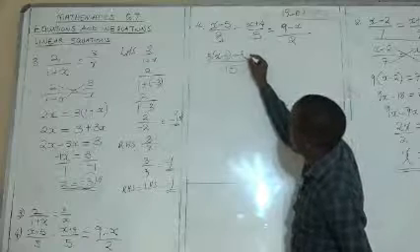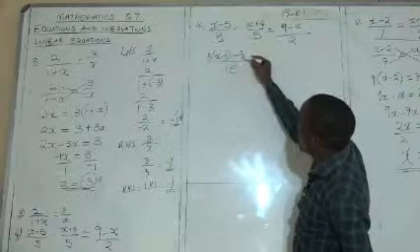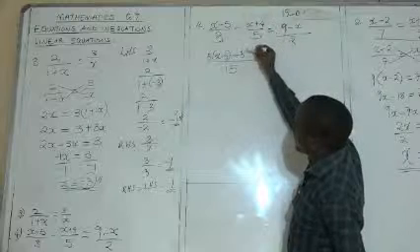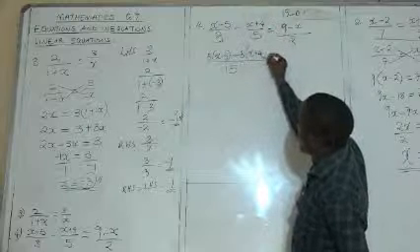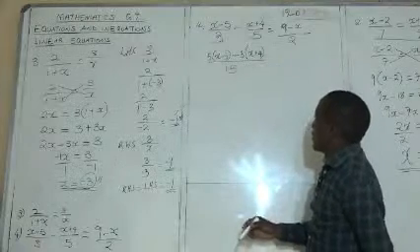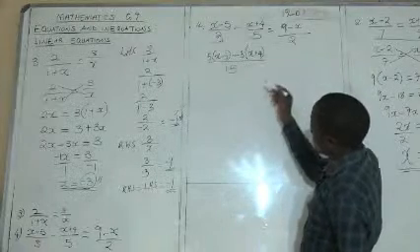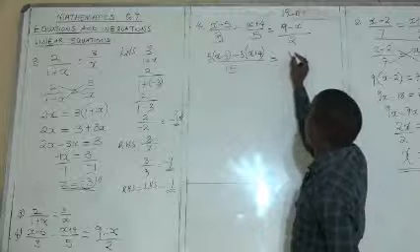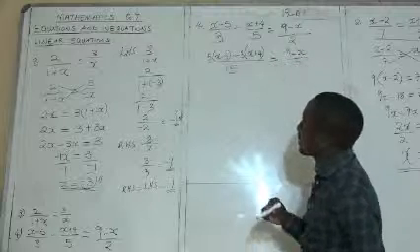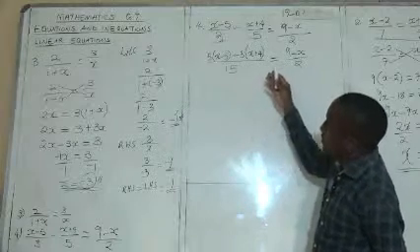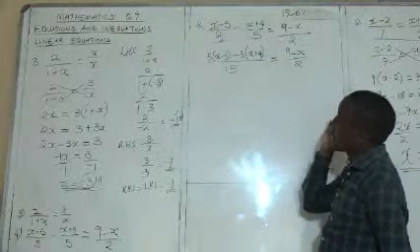So here you have 3 multiplied by the numerator x, then plus 4. Then is equal to 9 minus x over 2. So multiply where possible and also add where possible.